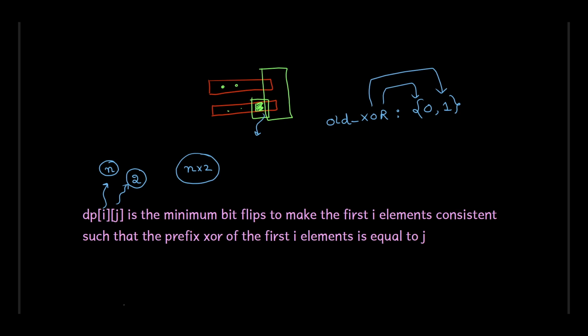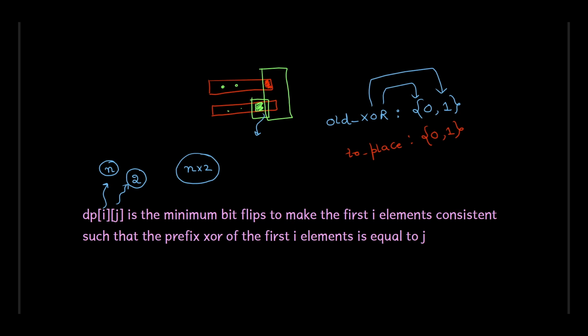Then after this, you have a free choice to place any element that you want over here. So if you want to place something in the first array, you can do that. This placement can also freely vary, because nobody is restricting you to place a 0 or a 1 over here.